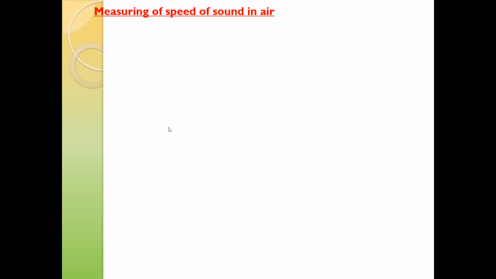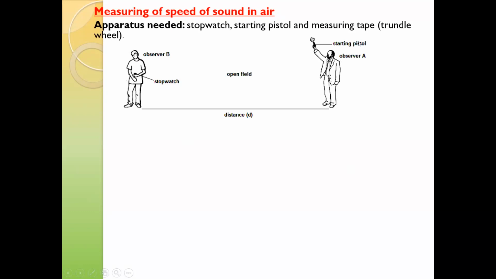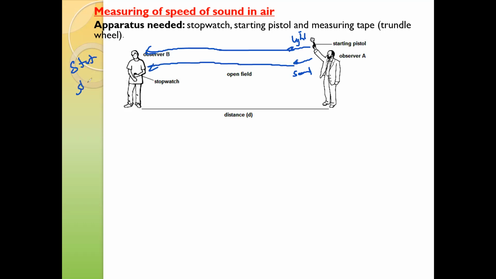This is the whole experiment which you have to write. A person is at position A. When he fires the shell, two things will happen: light and sound, both produced at the same time. When an observer at B sees the flash, he will start the timer. When he hears the bang, he will stop the timer. That is the time taken by sound to travel from A to B.